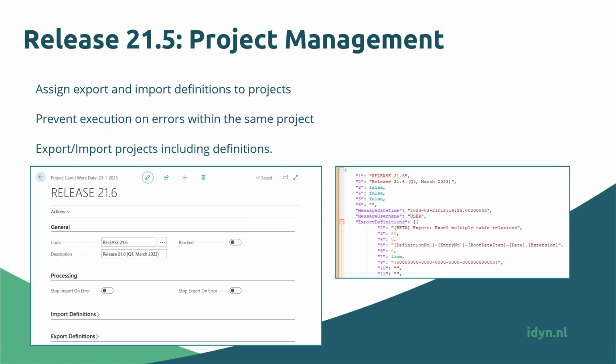So, project management is something that's primarily done for some administration. Once again, it might come quite in handy if you have a lot of definitions or a lot of companies to easily import and export data. However, there is some more functionality behind this that will allow us to look if there are errors for definitions or entries for the same project.